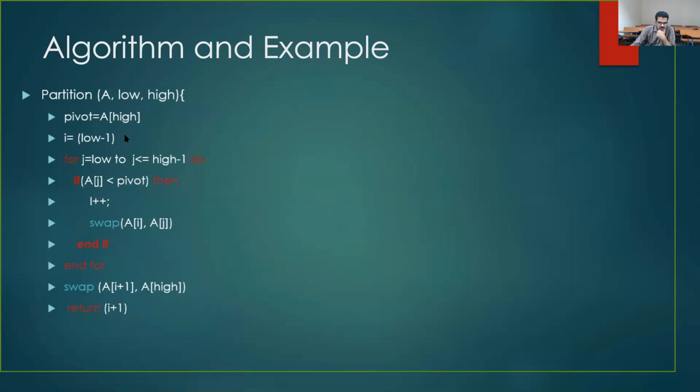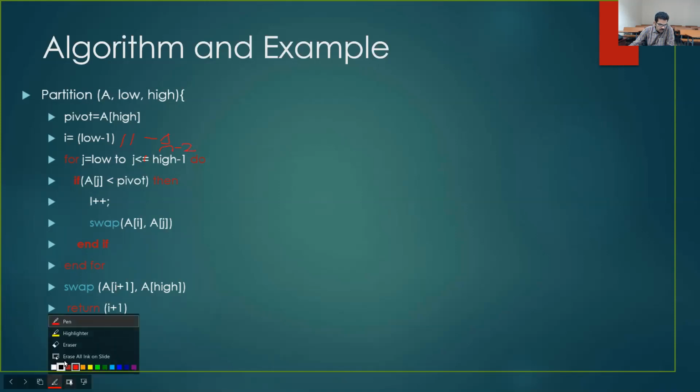I is low minus 1, so the value of I will be minus 1. Then for j equal to low, j less than high do. What this means is scan from left to right all the array elements up to the pivot element. It should be j less than or equal to high minus 1, which is n minus 2.